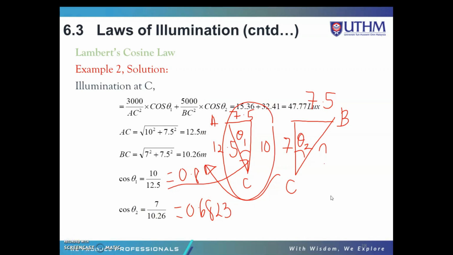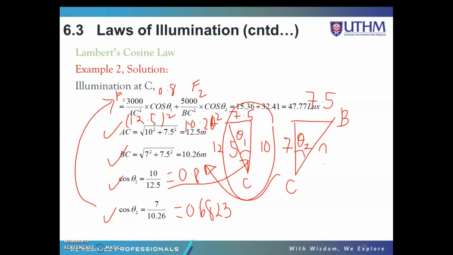Now that we have the values for AC, BC, cos theta 1, and cos theta 2, we can put them into the formula. F1 is 3000 divided by AC squared, 12.5 meters squared, times cos theta 1, which is 0.8, plus F2, 5000 divided by BC squared, 10.26 squared, times cos theta 2, 0.6823.